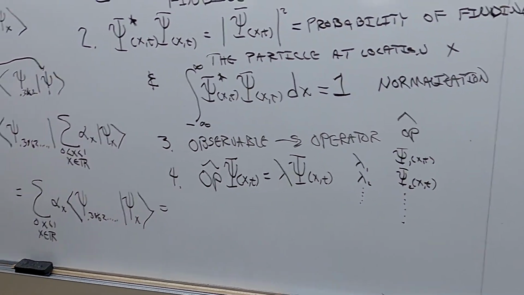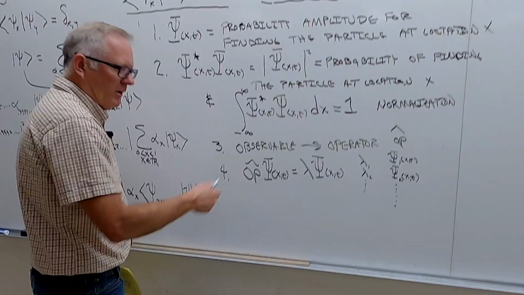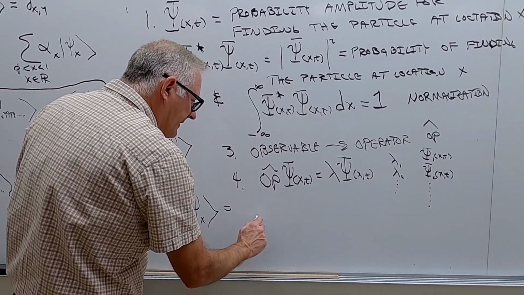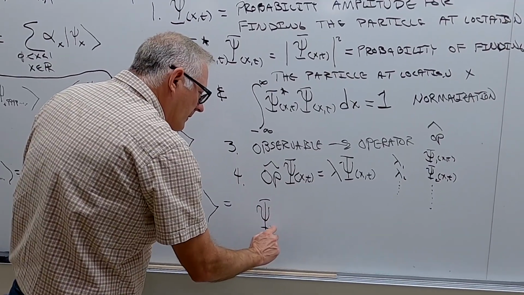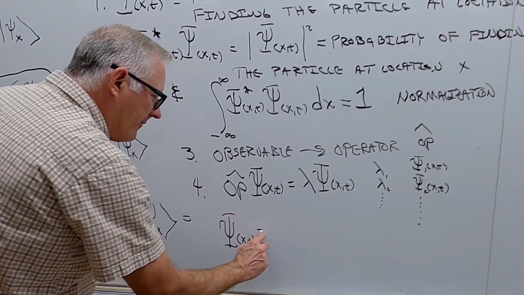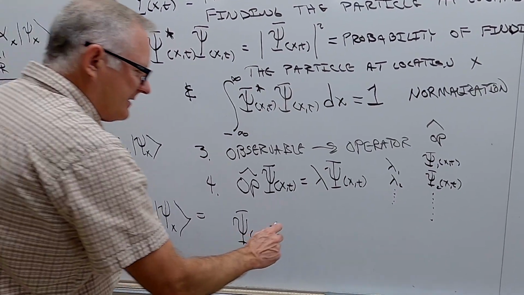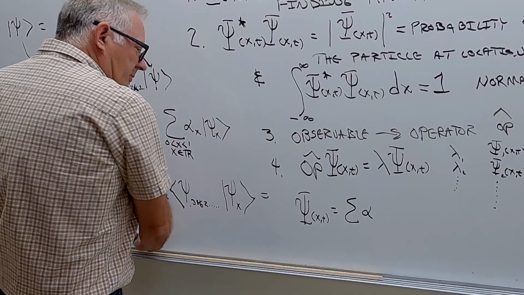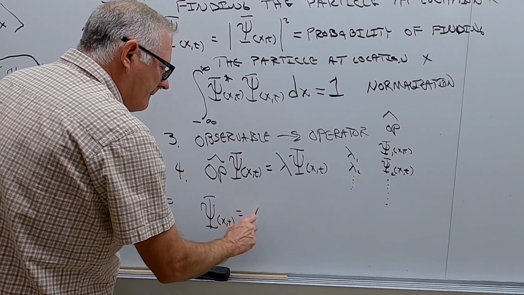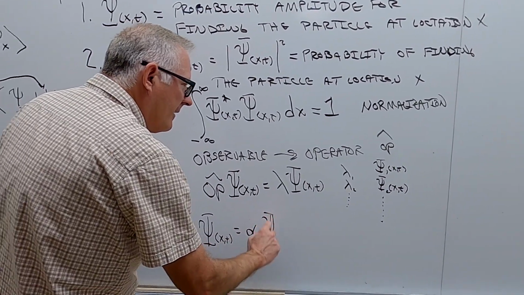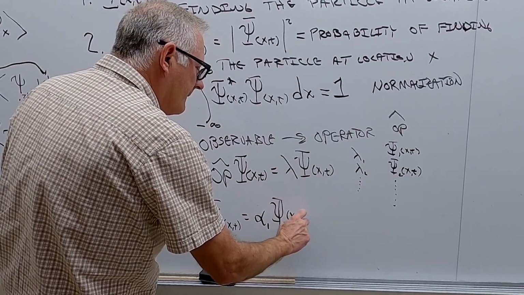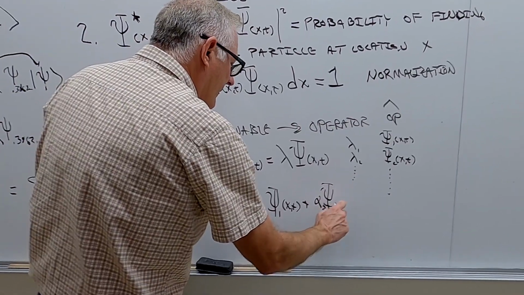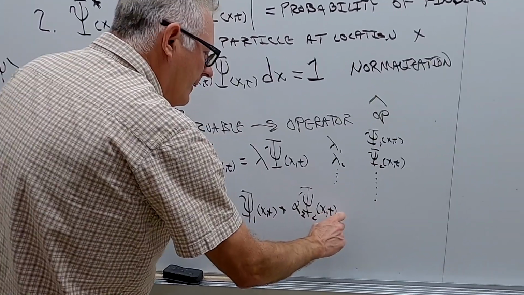And what did we say? Before we made the measurement, we were a linear combination of all of those: alpha 1 psi 1 of x and t plus alpha 2 psi 2 of x and t plus dot dot dot.